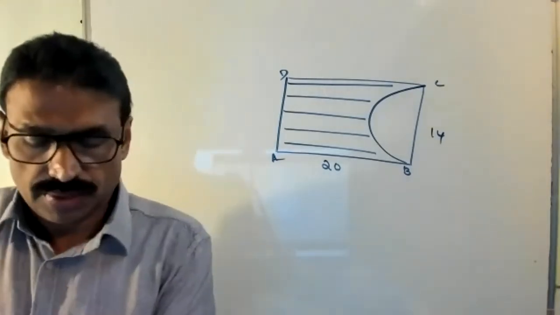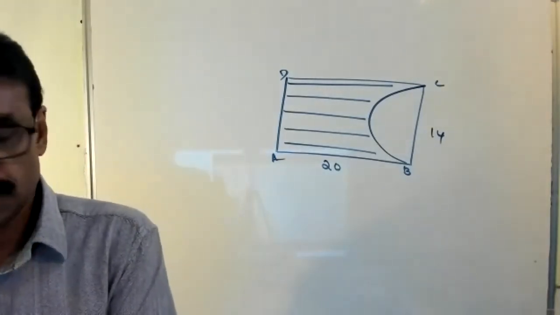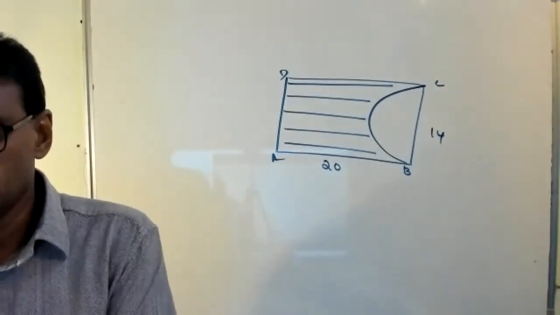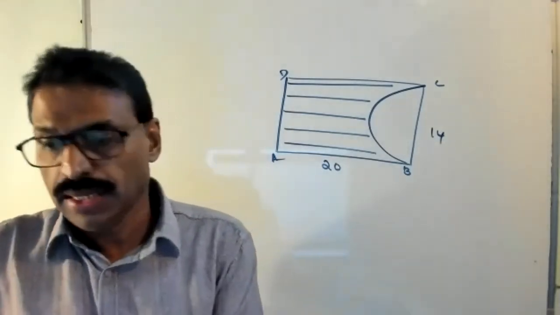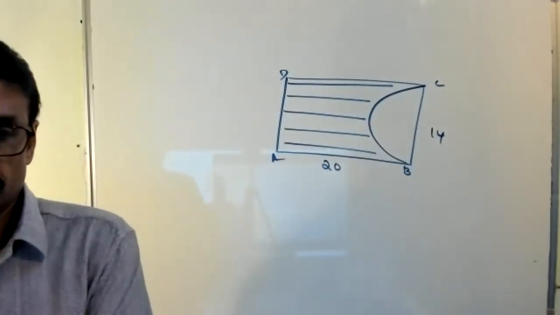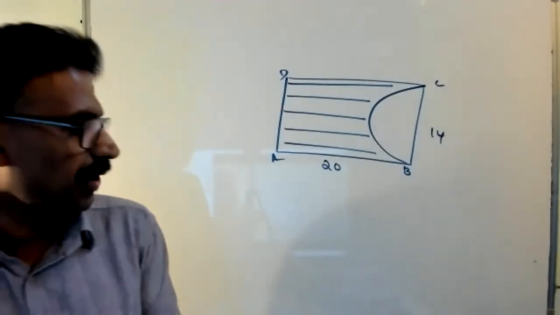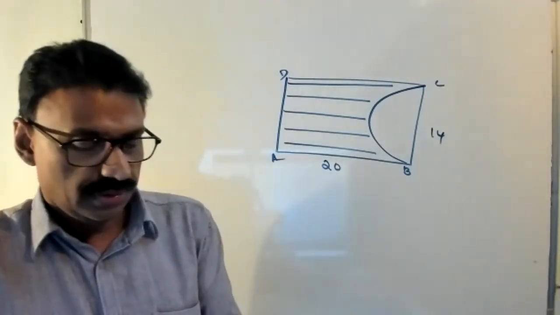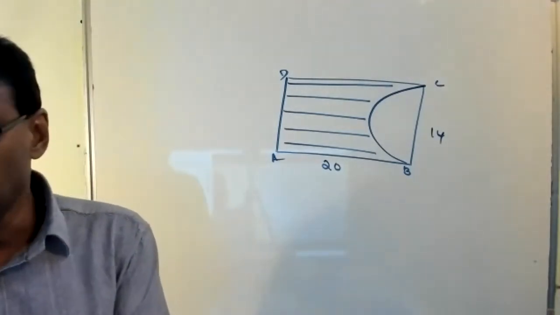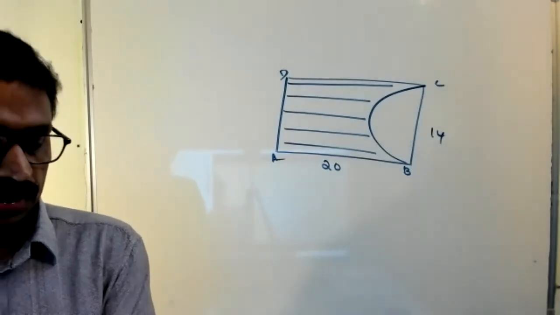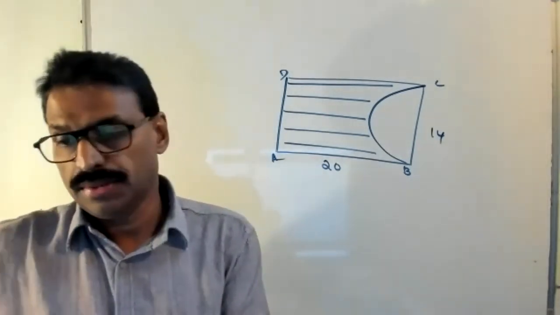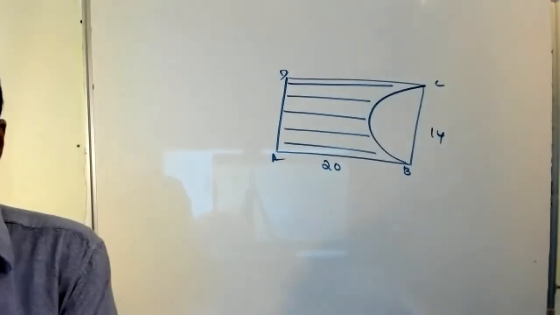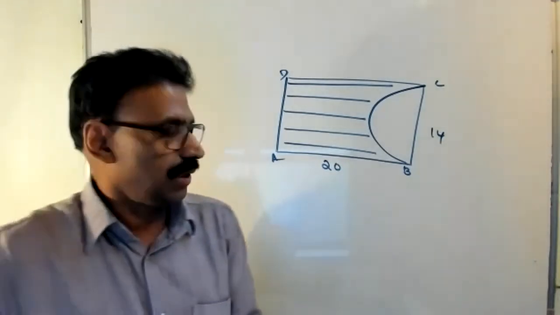Okay, question. A paper is in the form of a rectangle ABCD in which AB 20 and BC 14. Okay now? AB 20, BC 14.